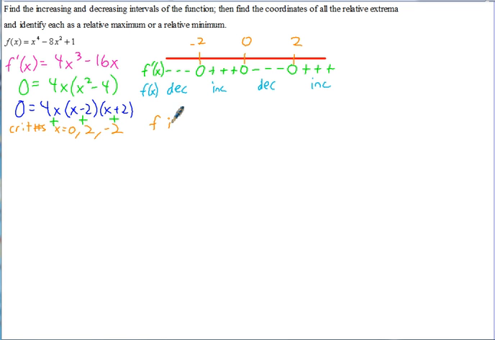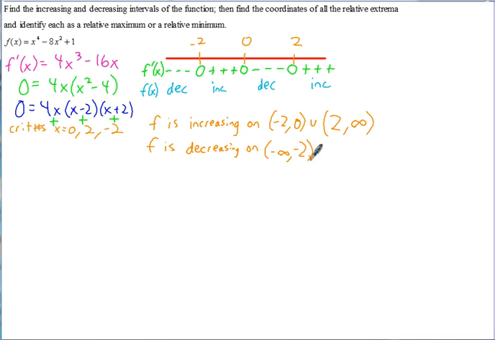Let's say f is increasing on, from negative 2 to 0, and then there's another interval, so put on the U for union, and then from 2, keeps on going right forever, to infinity. And then we can say f is decreasing on, from negative infinity to negative 2, and from 0 to 2.